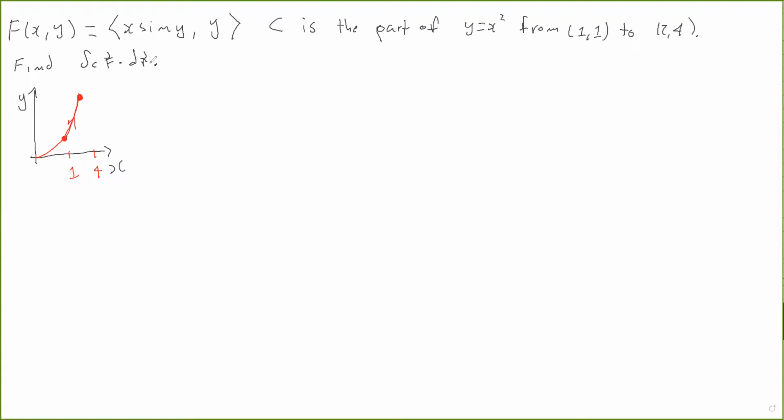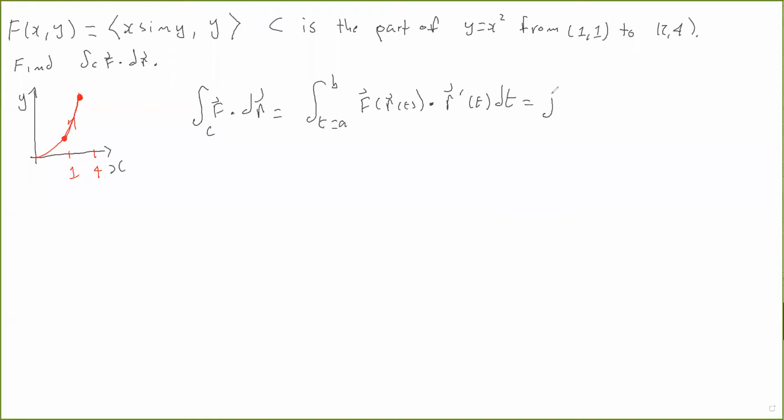Okay, so the general formula for the line integral of a vector field is the following. It is equal to the integral from t equals a to b of F evaluated at r of t, dotted with r prime of t dt.